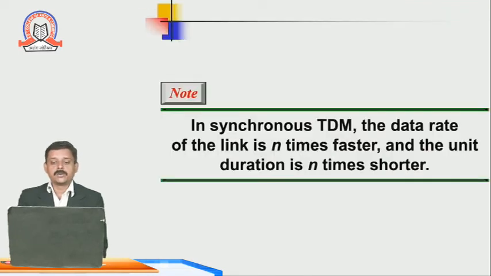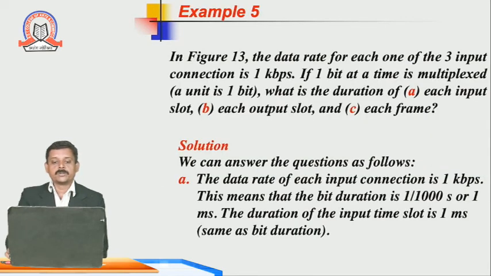So in synchronous data transmission, the link is n times faster and the duration is n times shorter. Let's consider one example: the data rate for each of the three input connections is 1 kbps, and one bit at a time is multiplexed. What will be the duration?